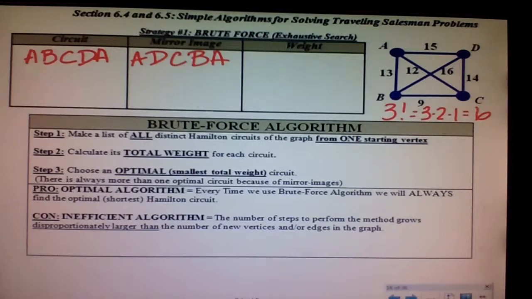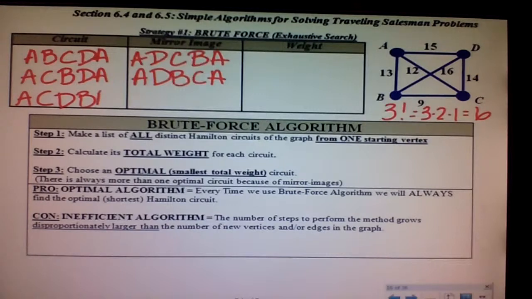A, C, B, D, A. Which again, reverse, A, D, B, C, A. Then A, C, D, B, A, or A, B, D, C, A. You just listed out all 6.